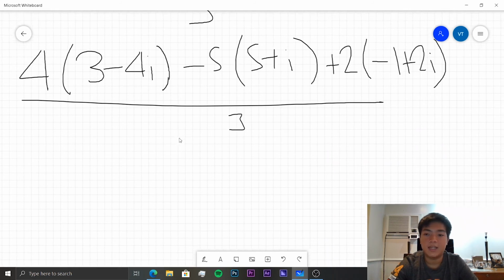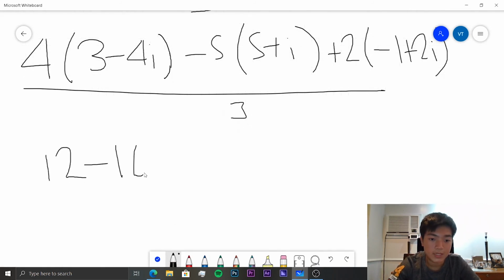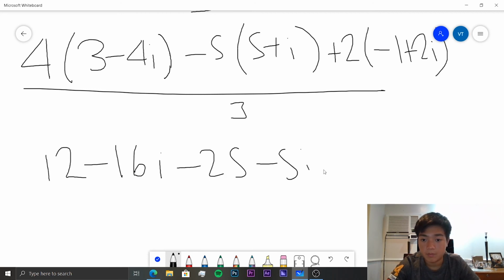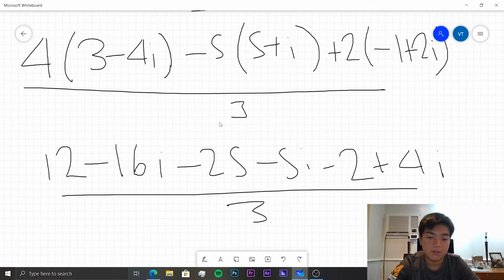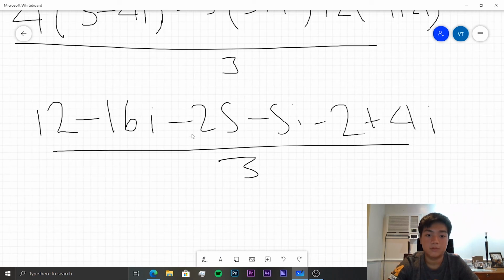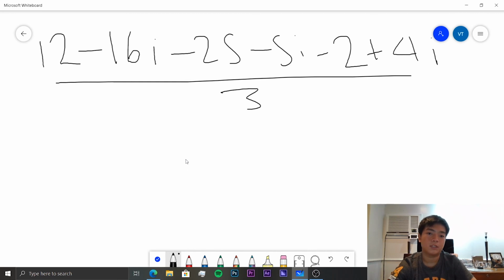So again, let's expand the terms. So this would be 12 minus 16i minus 25 minus 5i minus 2 plus 4i, over 3. So that would be equal to 12 minus 25 minus 2, real parts first.